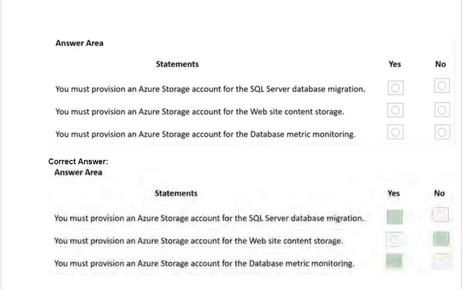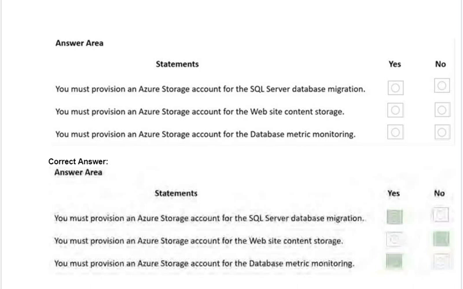Options are yes or no. Second statement is, you must provision an Azure storage account for the website content storage. Options are yes or no. Third statement is, you must provision an Azure storage account for the database metric monitoring. Options are yes or no.